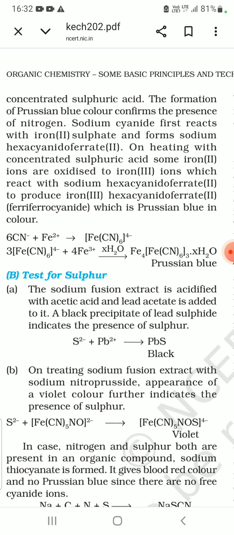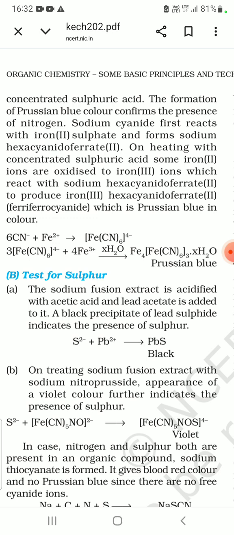Next we have the test for sulfur, with parts A and B. A: the sodium fusion extract is acidified with acetic acid and then lead acetate is added. A black precipitate of lead sulfide, PbS, indicates the presence of sulfur. B: on treating the sodium extract with sodium nitroprusside, the appearance of a violet color indicates sulfur.